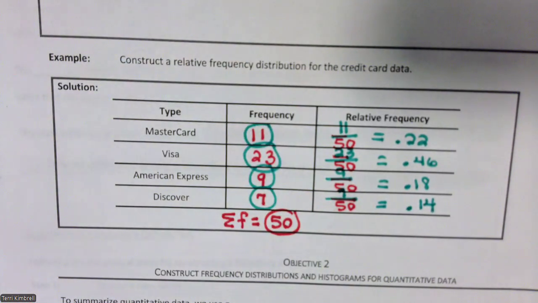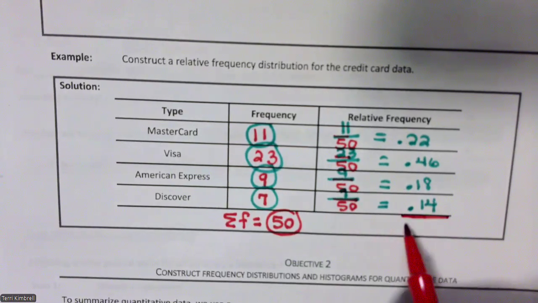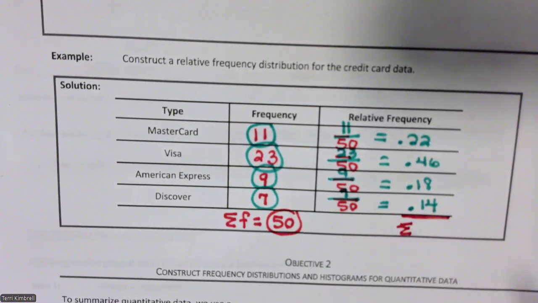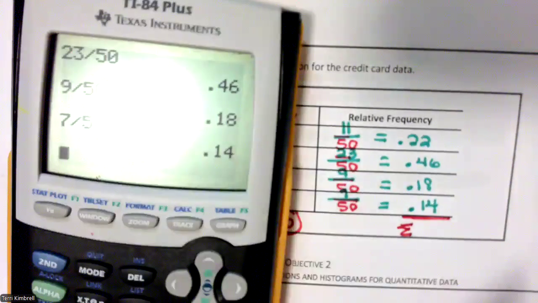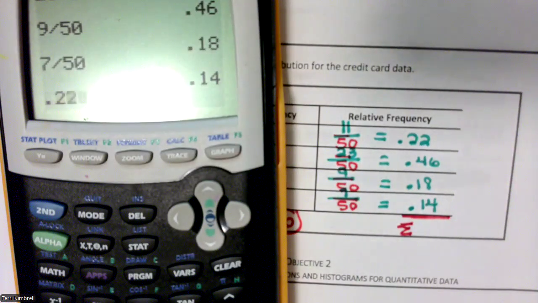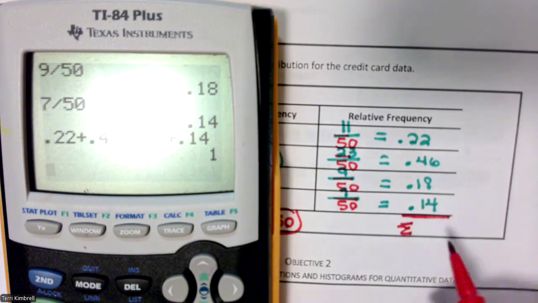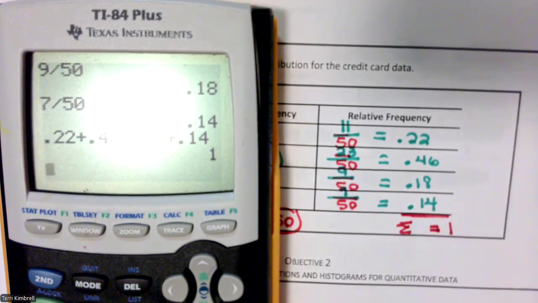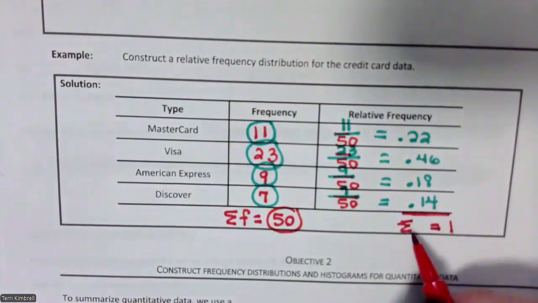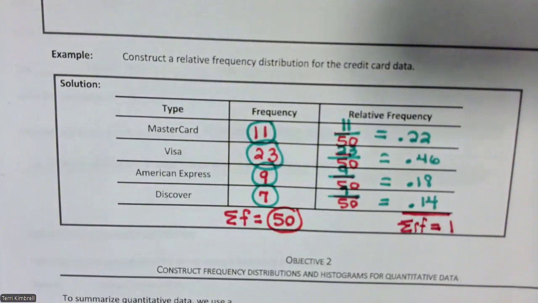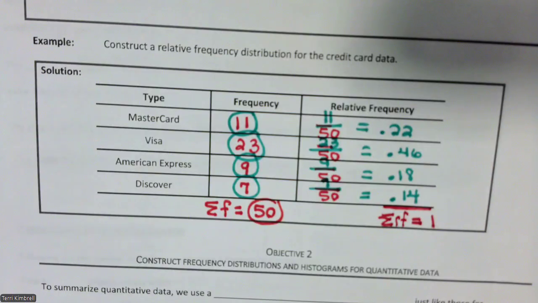So if you were to sum all of those right here, the sum 0.22, 0.46, 0.18, and 0.14 should total or be close to 1. So the sum of your relative frequency is equaling 1.